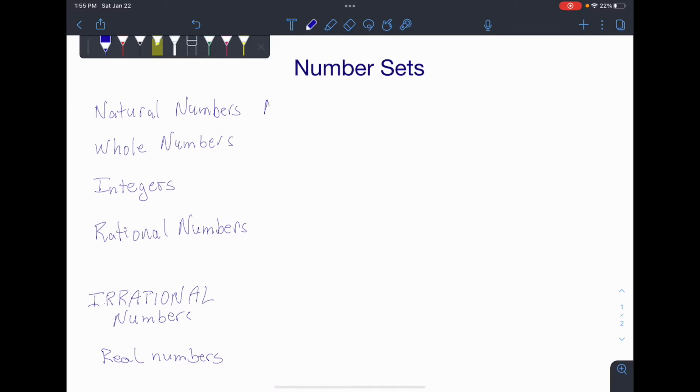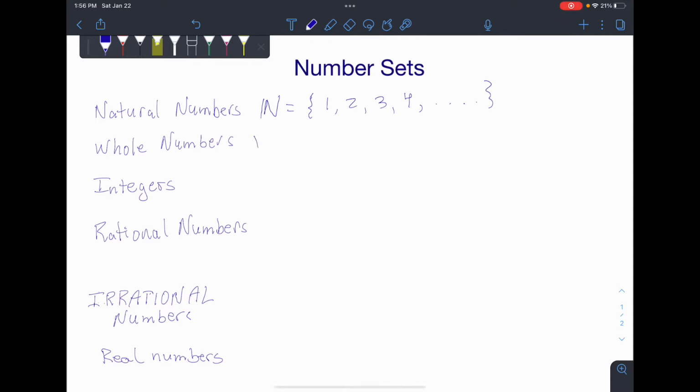We can think of the set of natural numbers, and we denote this set by this funny looking N. The natural numbers are the numbers we count with. For instance, 1, 2, 3, 4, and they keep going all the way as high as you can count and then some. These are the numbers we observe in nature. That's why they're called the natural numbers.